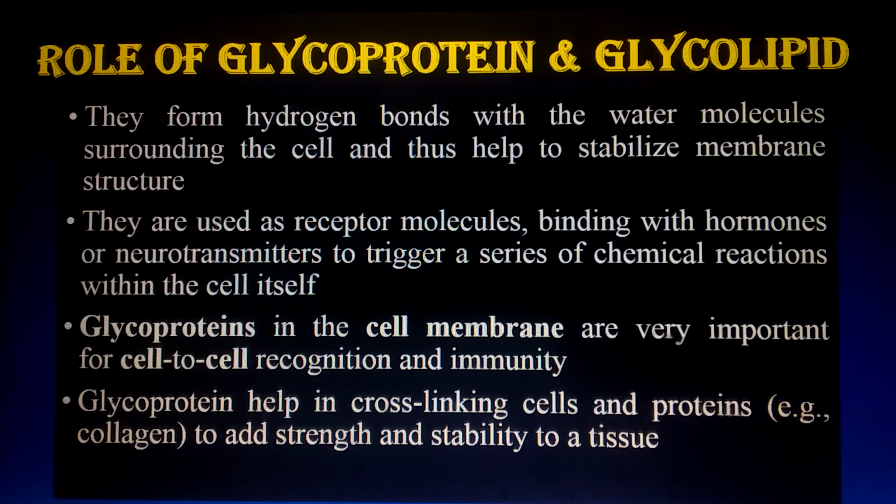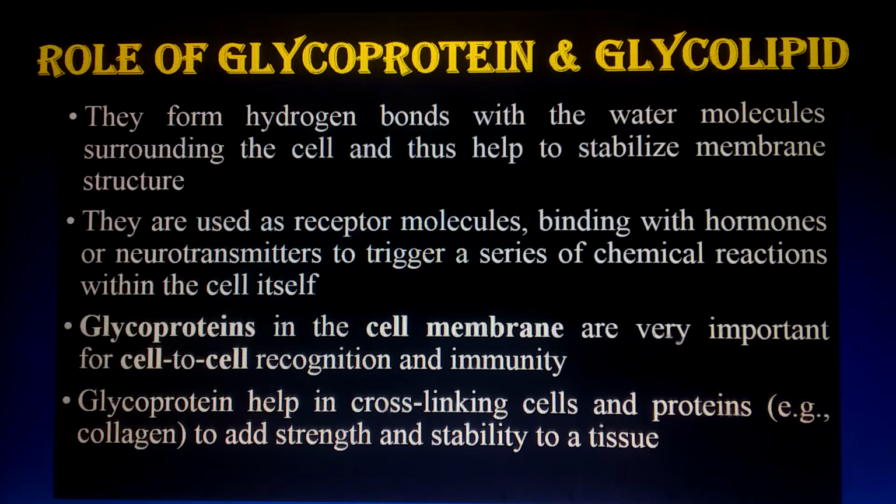They are used as receptor molecules. This is very important. These glycolipids and glycoproteins act as receptors for hormones, for neurotransmitters, and many more things, to trigger a series of chemical reactions within the cell itself. They receive substances because the cell membrane is a selectively permeable membrane. As you know, the cell membrane is a lipid bilayer, and this lipid bilayer is selectively permeable.